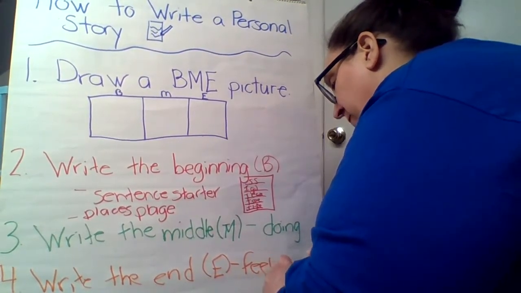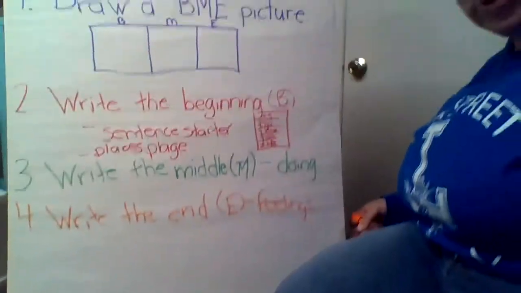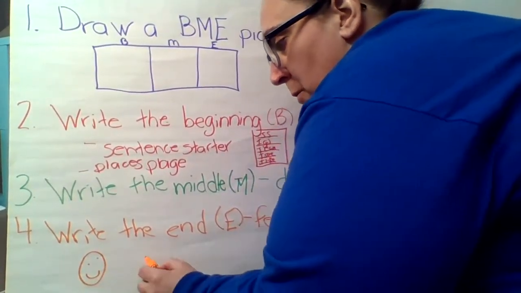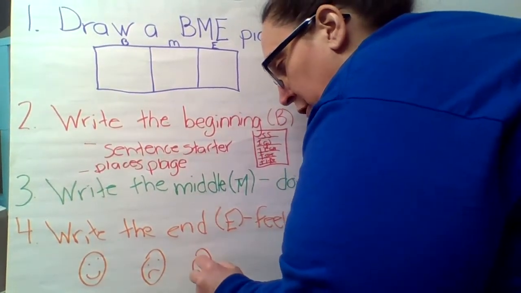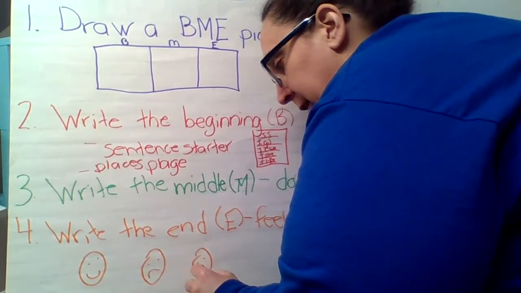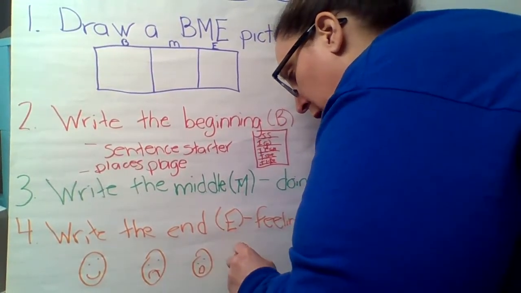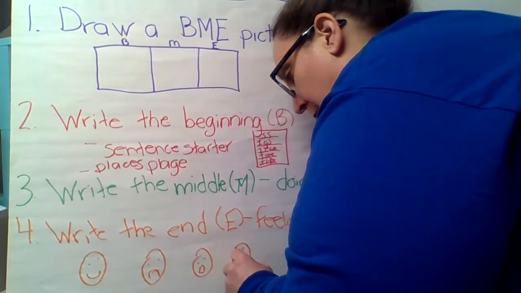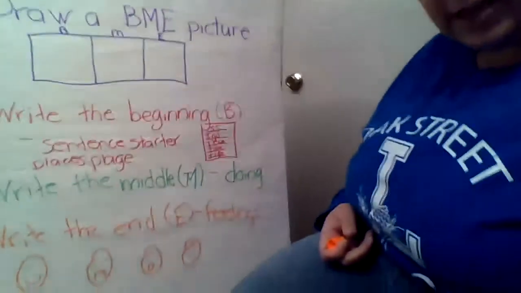I'm going to go over some feeling words with you, okay? Were you happy? Were you sad? Were you surprised? Let me make that a sad face. Were you mad? How are you feeling in your story?